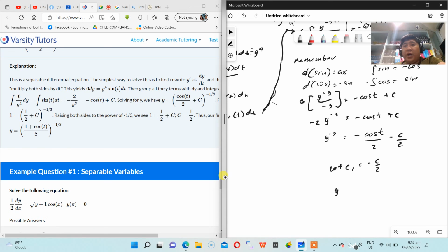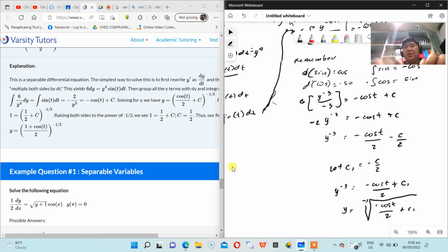So you have y to the negative 3 equals negative cosine t over 2 plus c sub 1. Since this one is negative, we could have it as negative cube root of negative cosine t over 2 plus c sub 1.